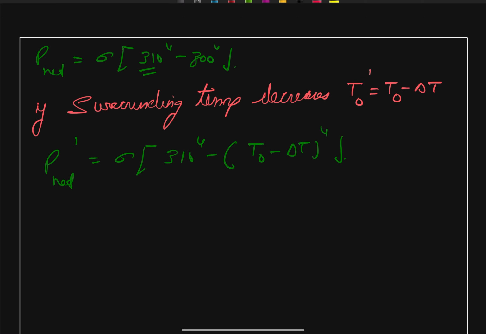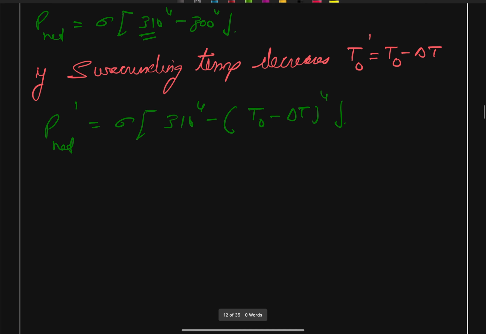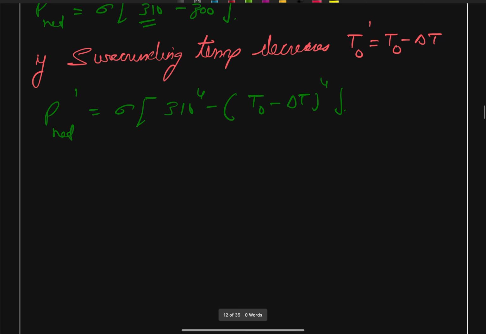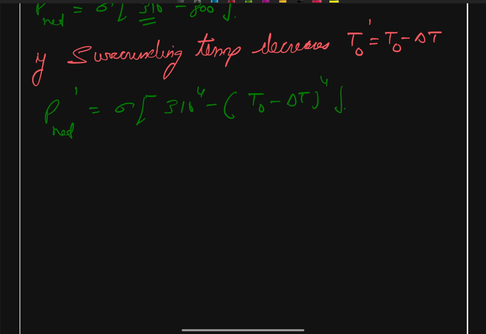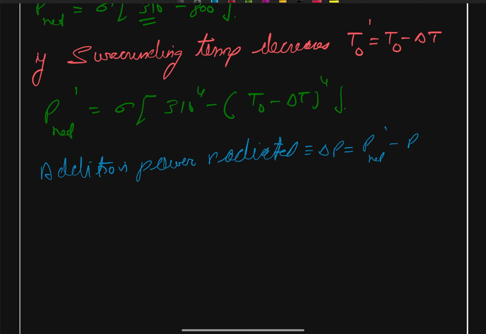We can say that the additional power radiated will be the difference between the two powers. Suppose our delta P will be equal to P net prime minus P net.